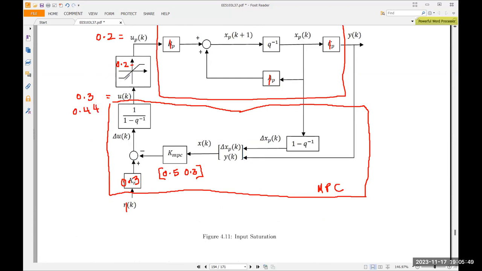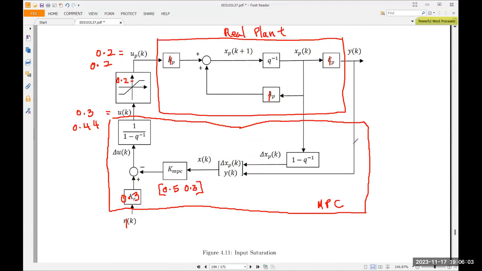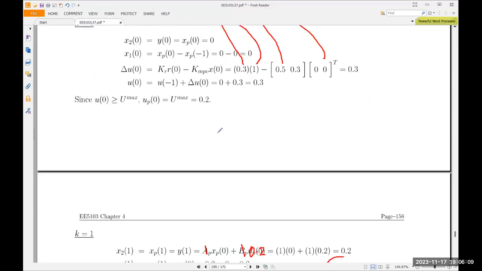Okay, you send 0.44, but you know you're stuck at 0.2, so you will still have to use 0.2 for up, which goes through this calculation to get your x. Okay, we'll just do one more round.